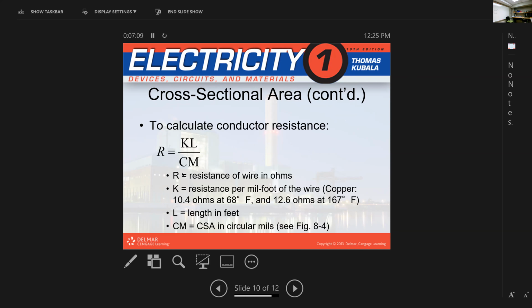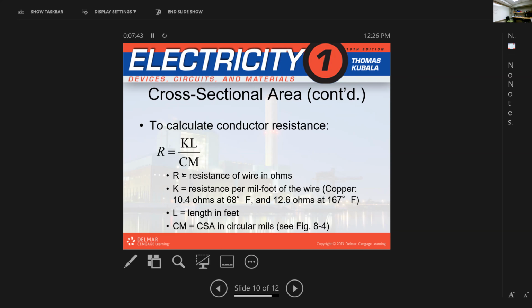So here, they're starting out saying that copper wire has 10.4 ohms if you have one little tiny strand that's a mil-foot, only 1/1000th in diameter and 1 foot long. It has 10.4 ohms at 68 degrees Fahrenheit, and 12.6 ohms at 167 degrees Fahrenheit. So that resistance goes up as temperature goes up, and this is the basis of our calculations.